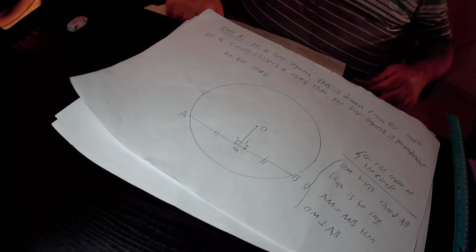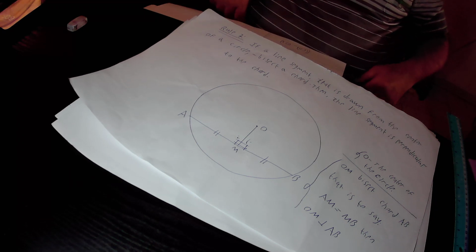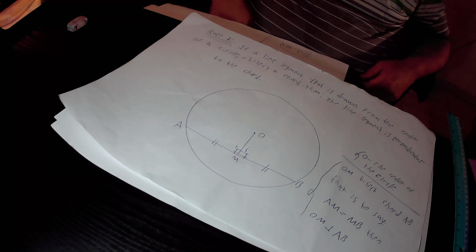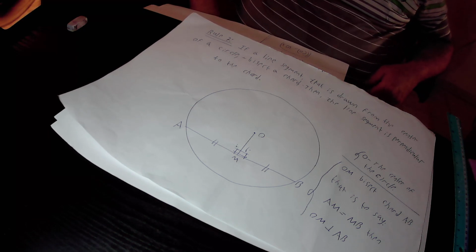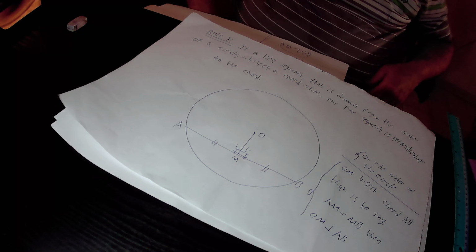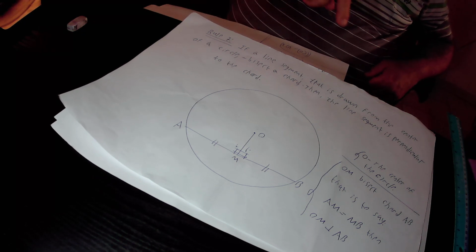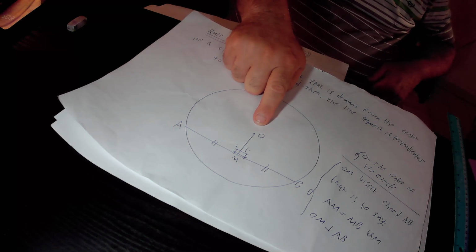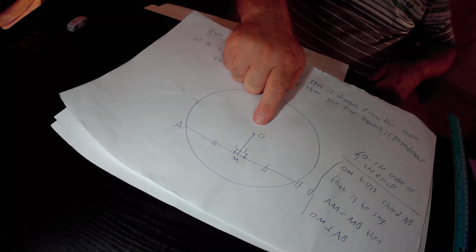According to rule 7, if a line segment that is drawn from the center of the circle bisect the chord, then the line segment is also perpendicular to that chord. So in the drawing you have a circle, and this is point O, the center of this circle.